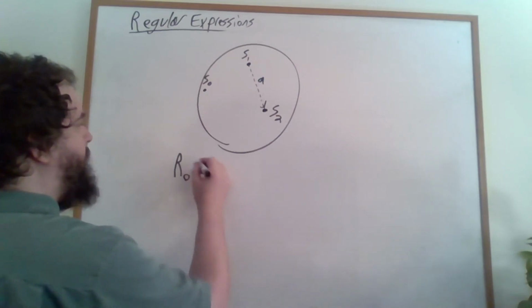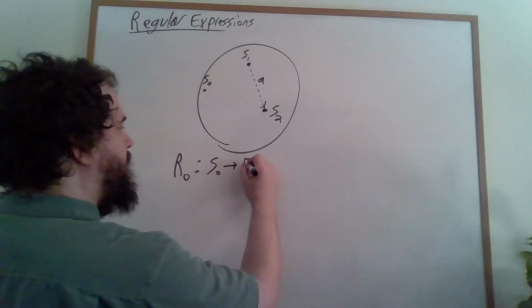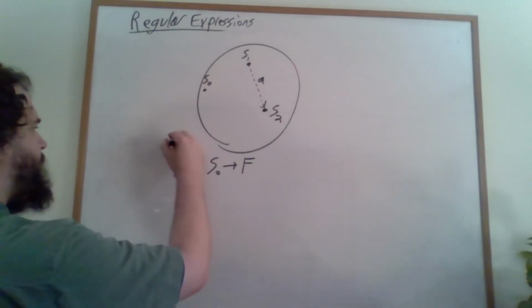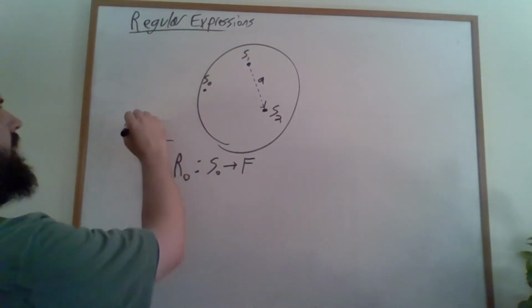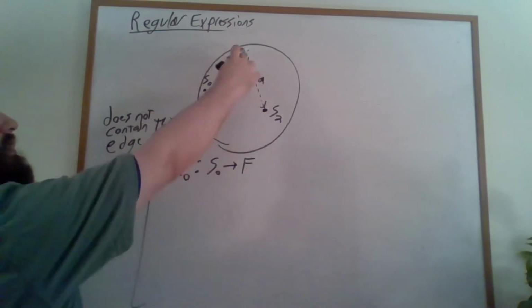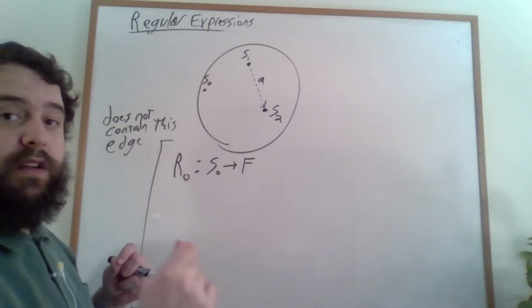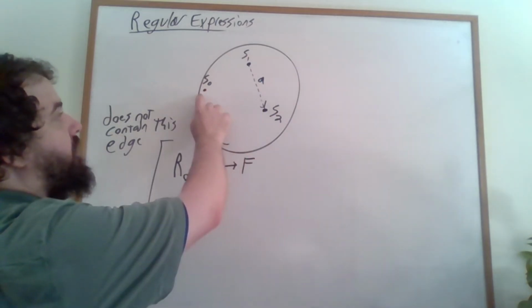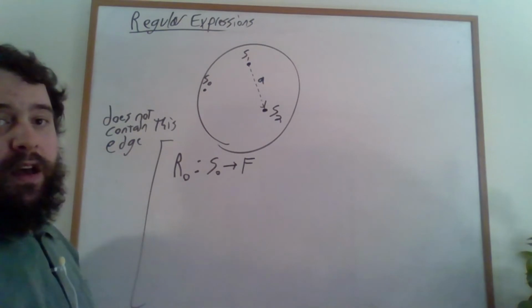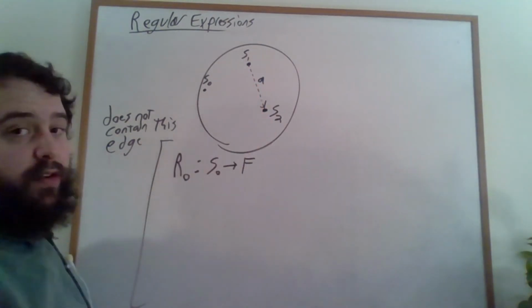And I'm going to remind us that this is a path from S0 to final states of the original automaton. And I'm going to label the fact that this does not contain this edge here. So this handles the case where the path corresponding to our word from the start state of the original automaton to a final state of the original automaton did not pass through this particular edge.